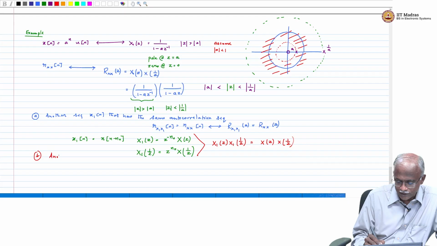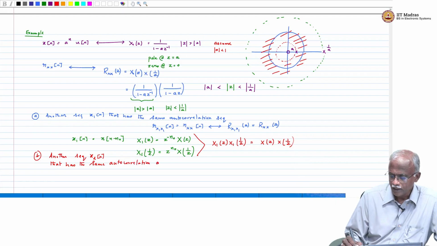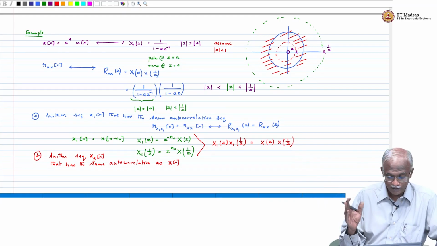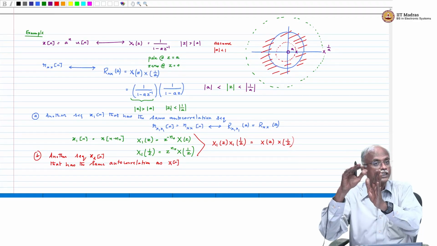So let's make it a little more interesting. Give me one more sequence, another sequence x2 of n, that has the same autocorrelation sequence. What other properties can we use that give the same autocorrelation as x of n? One more property we can verify is that the autocorrelation is the product of X of z and X of 1 by z.